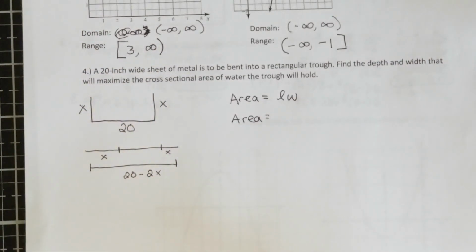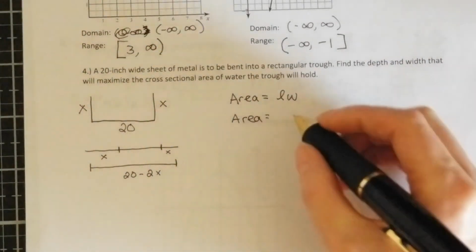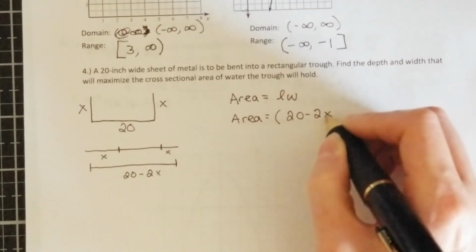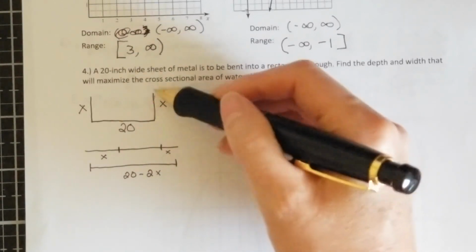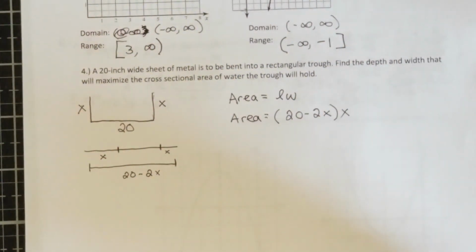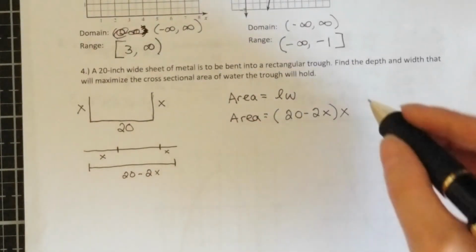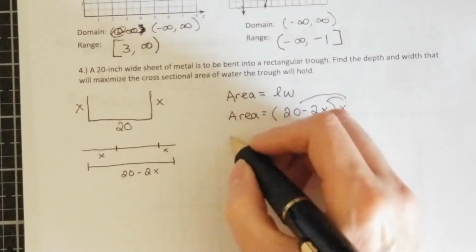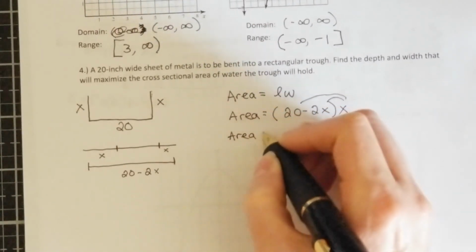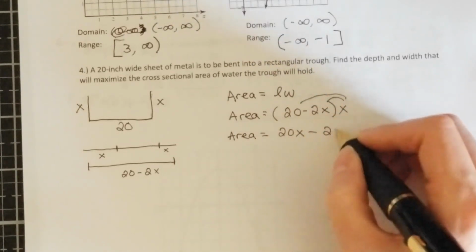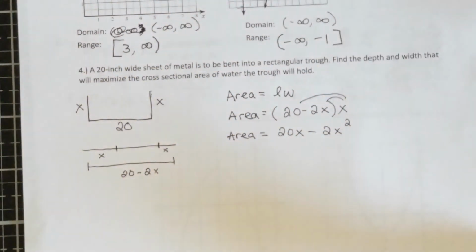So it would be 20 minus 2x for the length. And your width right here would just be x. All right, so we will distribute this x throughout over here. So the area will be 20x minus 2x squared. Now you'll need to find the maximum.